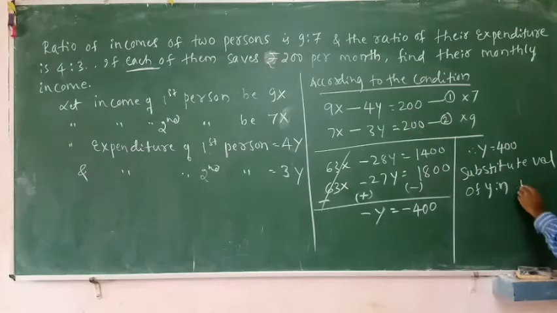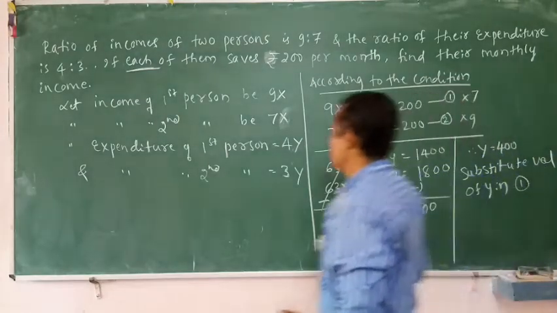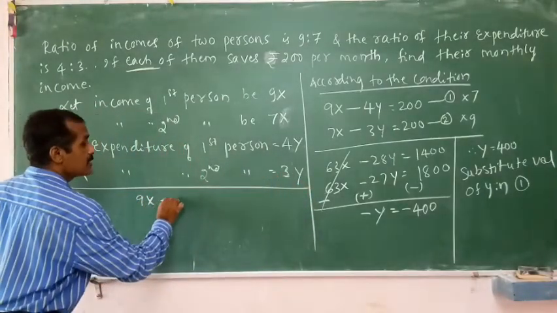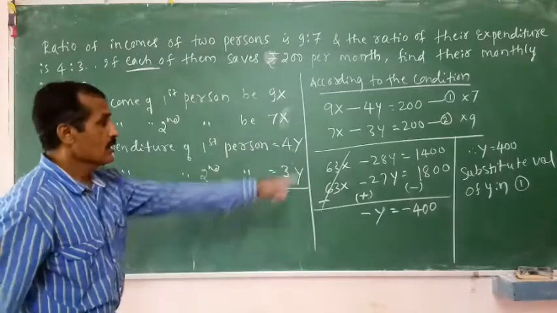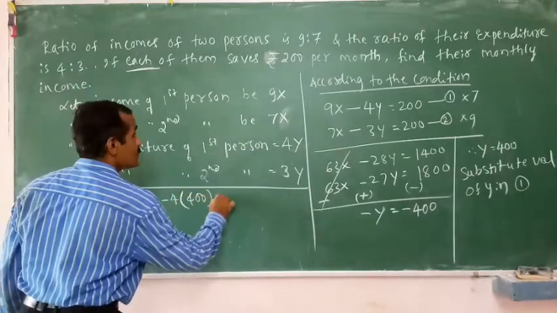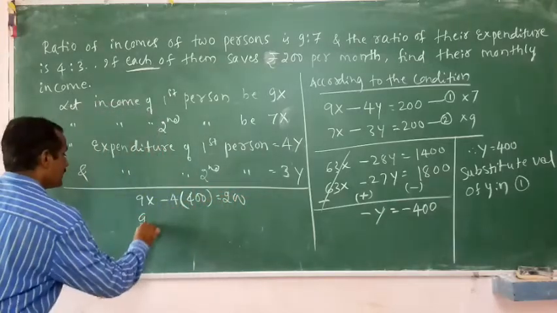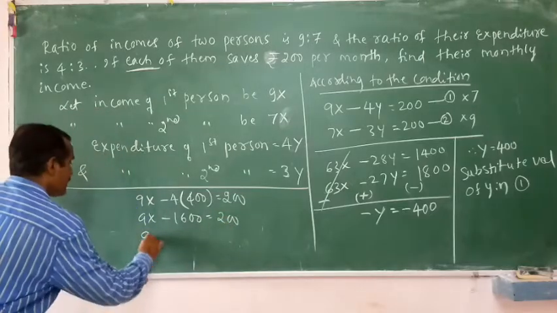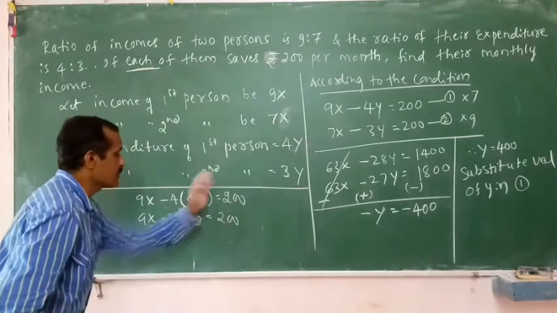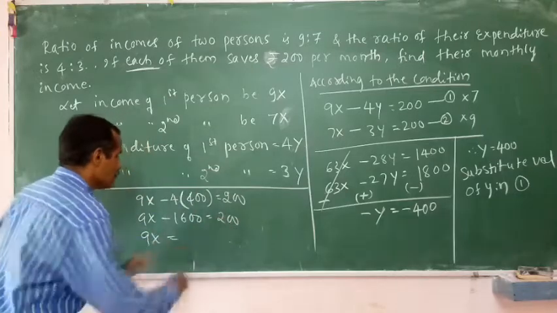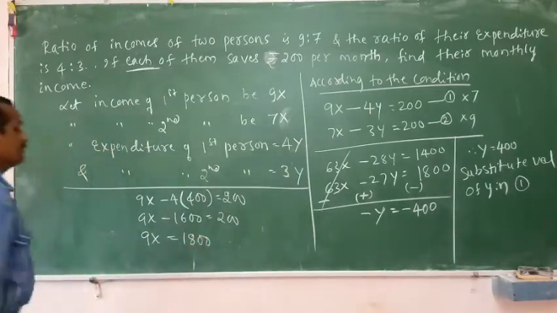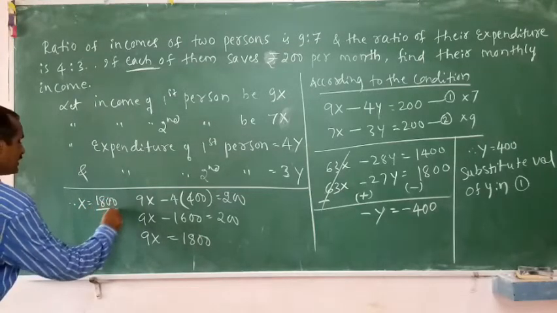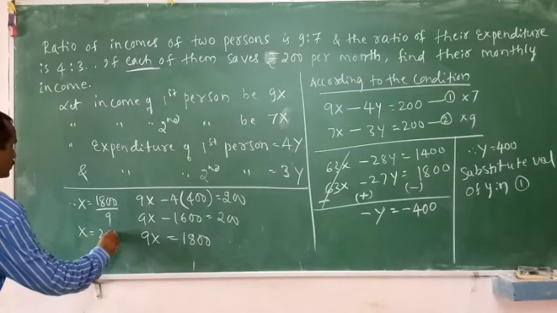I can substitute in equation number 1. 9x minus 4y, y means 400, is equal to 200. 9x minus 1600 is equal to 200. 9x is equal to, this will be transferred, positive 1600 plus 200, 1800. Therefore, x is equal to 1800 divided by 9, x is equal to 200.